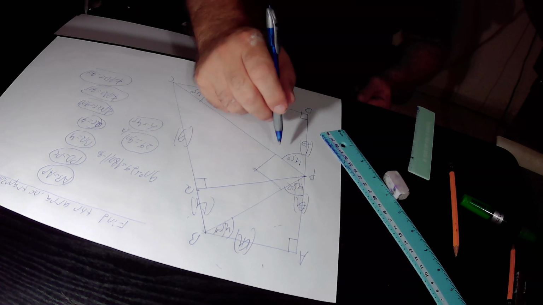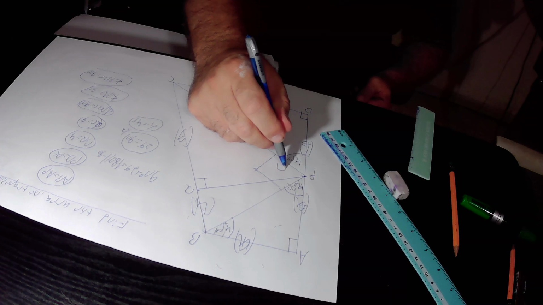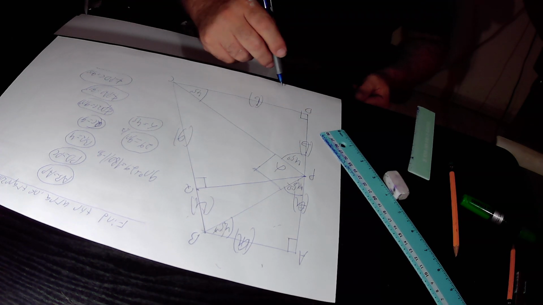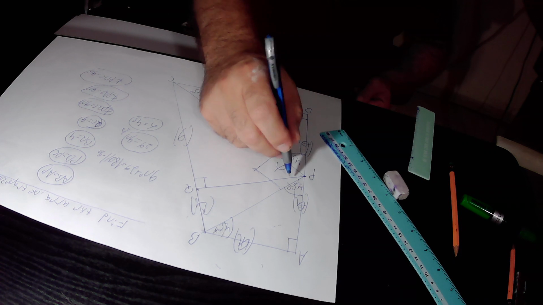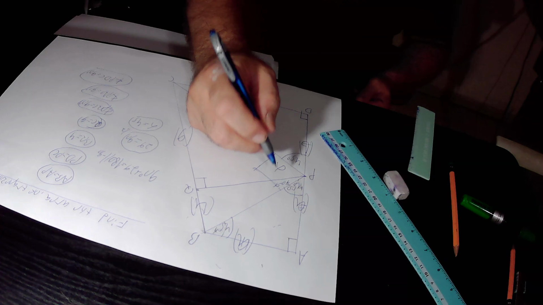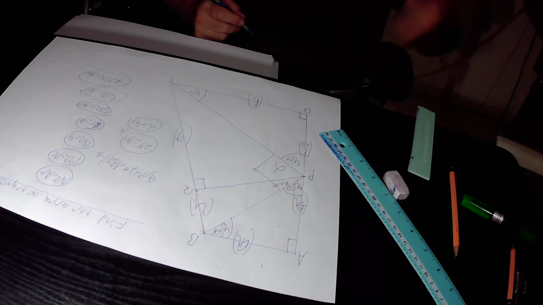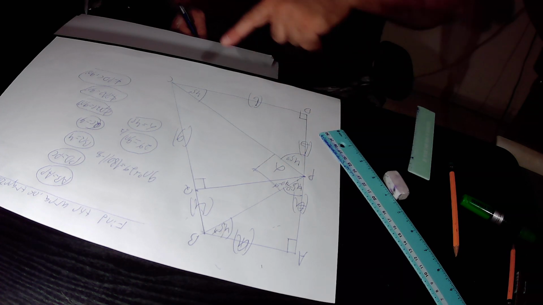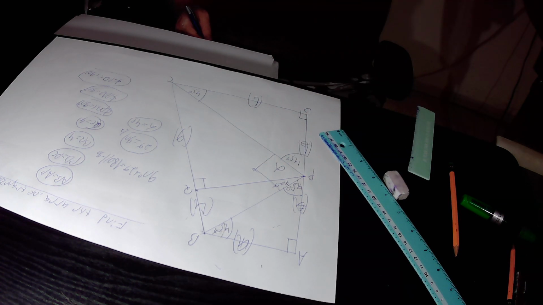So if we define this angle as alpha, that is to say angle QPC is equal to alpha, then this missing angle must be equal to 90 degrees minus alpha. Why? Because 90 degrees minus alpha plus alpha is 90 degrees. That is the size of the big angle BPC. So this angle must be equal to 90 degrees minus alpha.